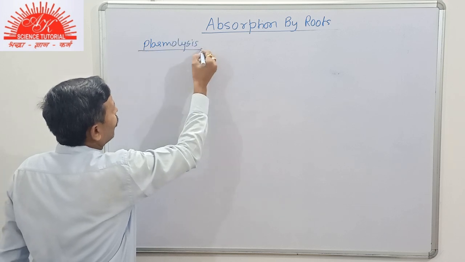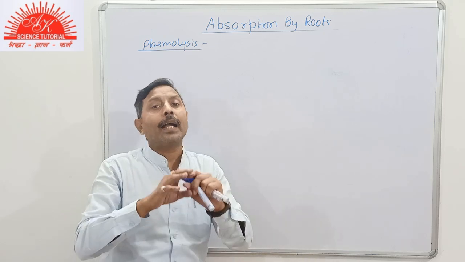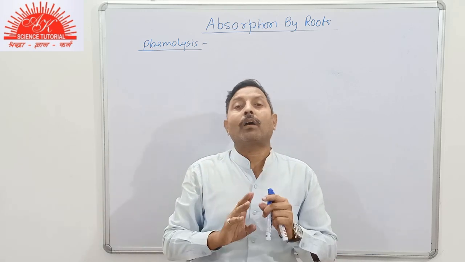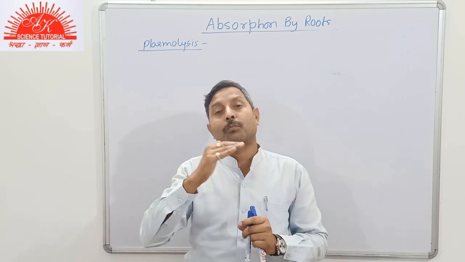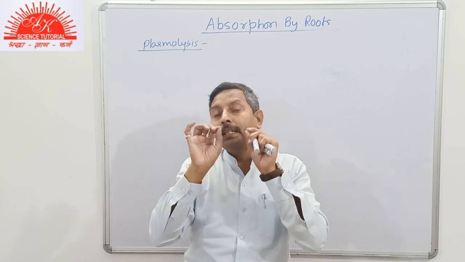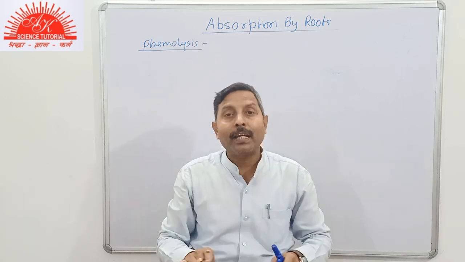Plasmolysis. When a plant cell is kept in hypertonic solution especially, then across the cell membrane exosmosis takes place. But the cell wall, being rigid, non-living and freely permeable, remains in its place.